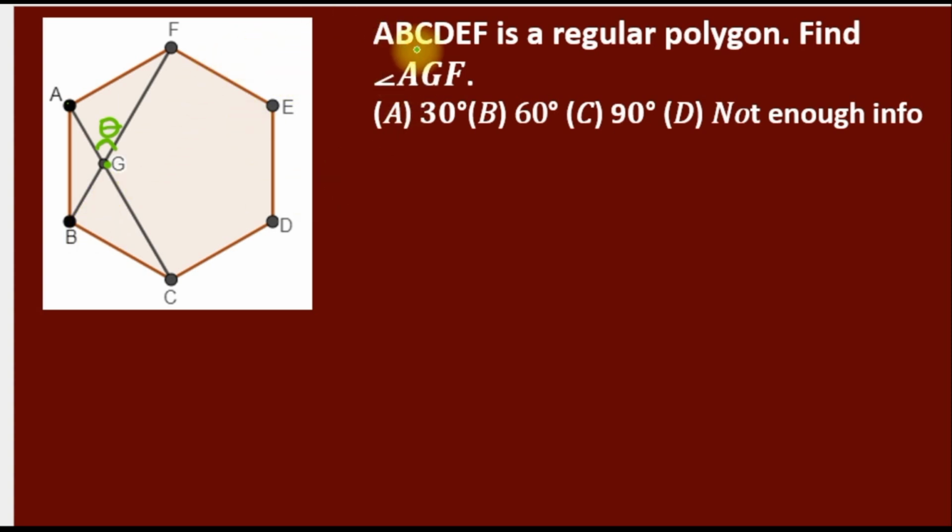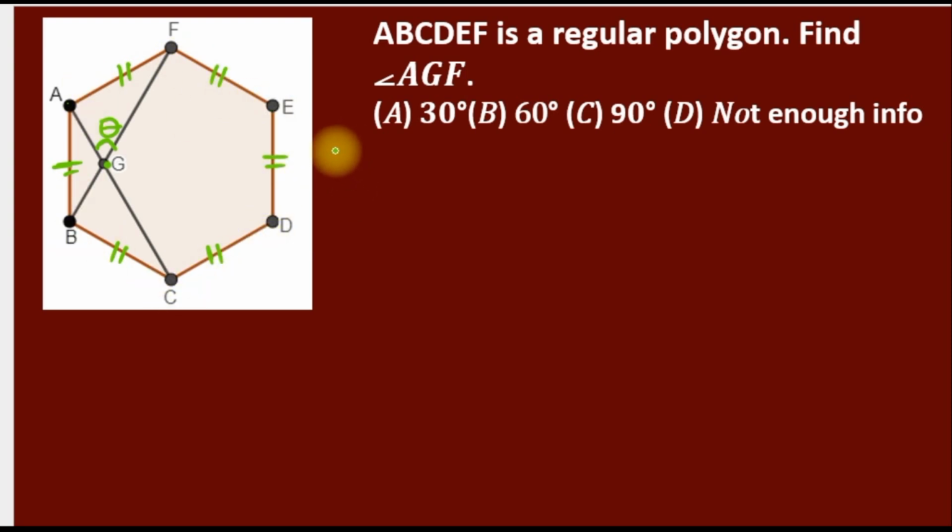And how do you solve this? It's simple. We are given that A, B, C, D, E, F is a regular polygon. So all the sides are equal. And if we know that all the sides are equal, what's the name of this polygon? This is a six-sided polygon, a hexagon.